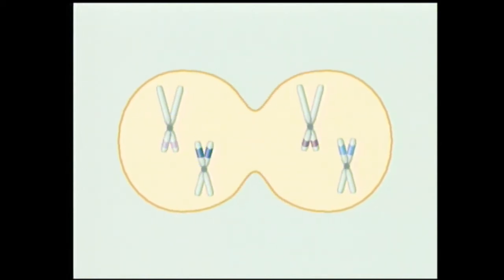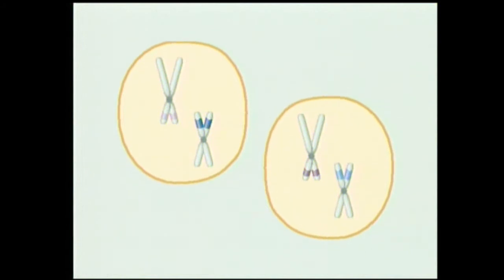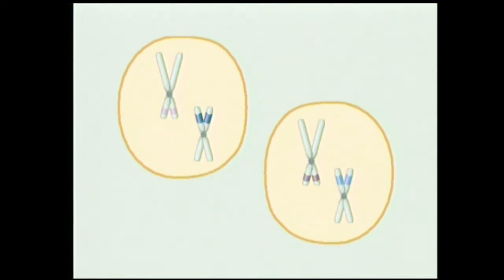Two daughter cells form at the end of meiosis I. When the homologous chromosomes separated, the alleles on the chromosomes separated as well. The allele for yellow seeds is in the right daughter cell, while the allele for green seeds is in the left daughter cell. This process is called segregation.